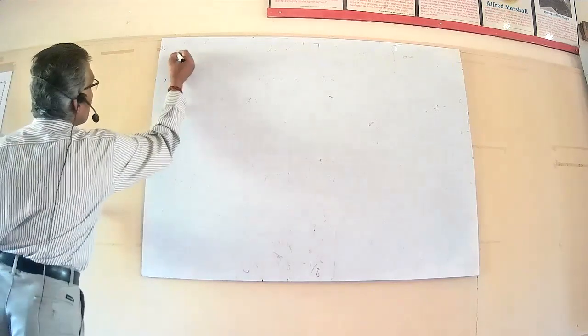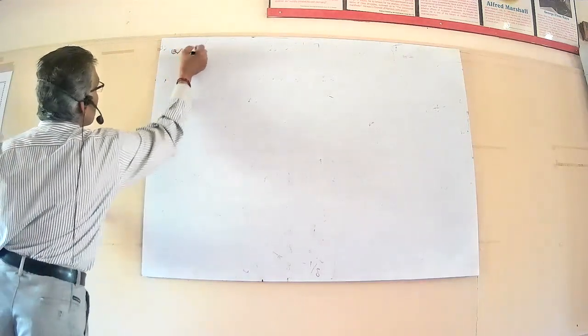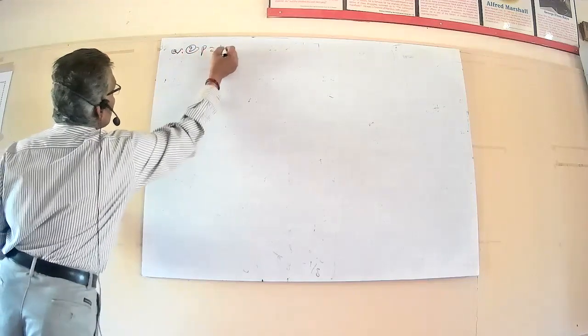Find the compound interest. So here P equal to 450.